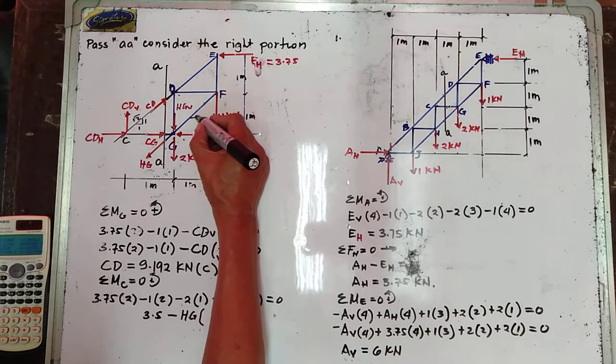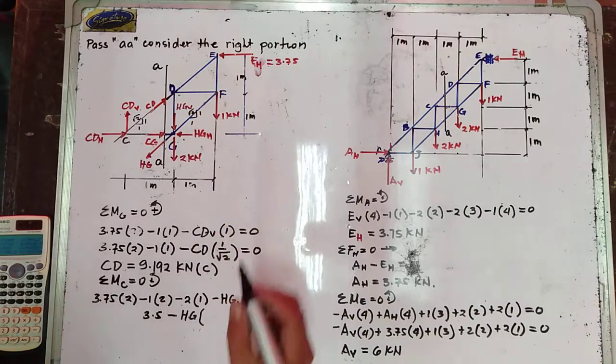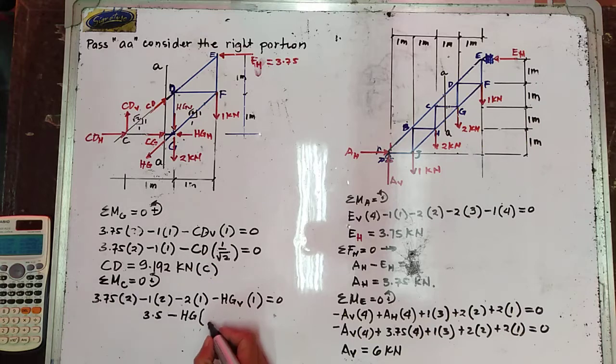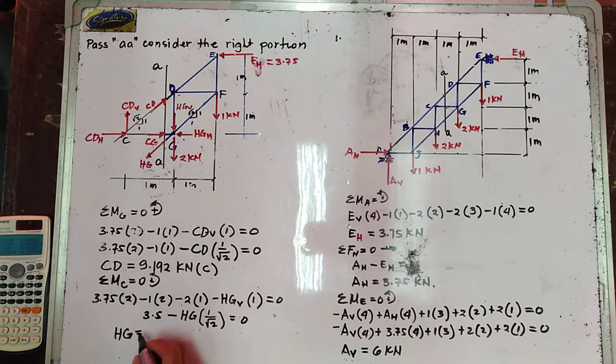Now the slope of this is 1, 1, so we have the square root of 2. So multiply this one by 1 over the square root of 2, and that one is equal to 0. So what is therefore the value of HG? 4.95.